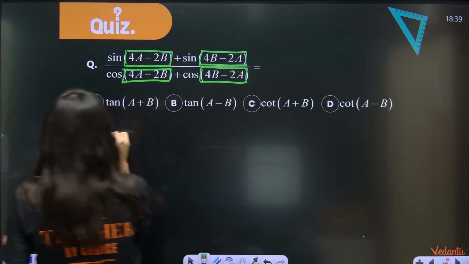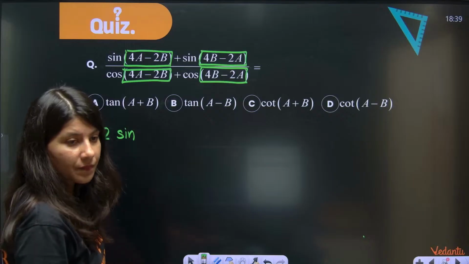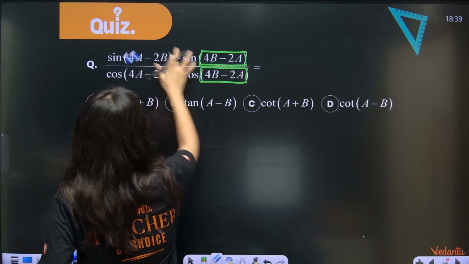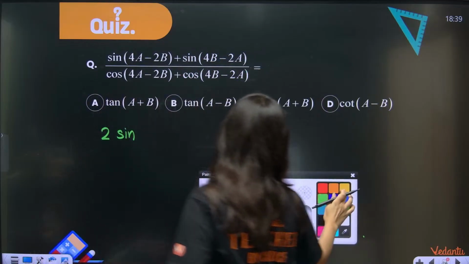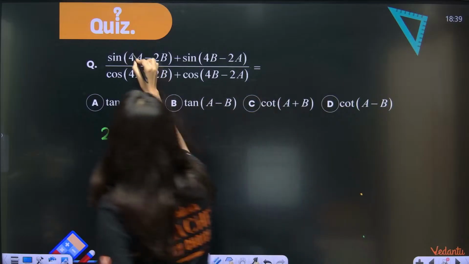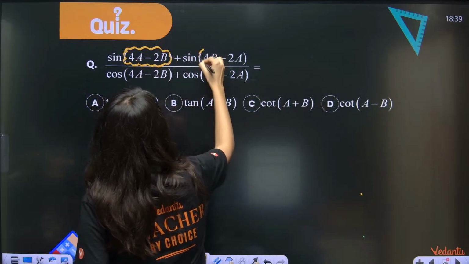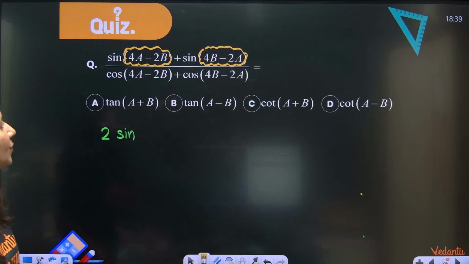Sin C plus sin D will be 2 sin (C plus D)/2. So C plus D by 2: 4A minus 2B and 4B minus 2A.